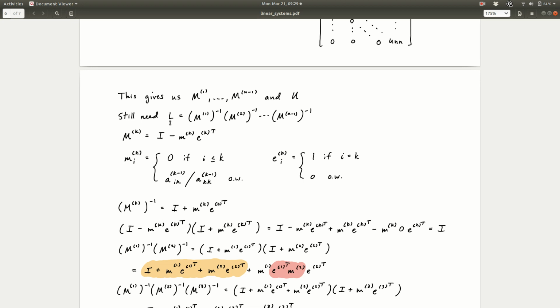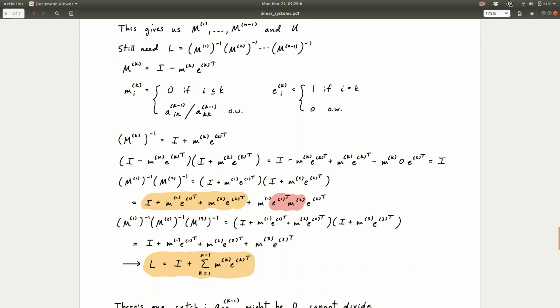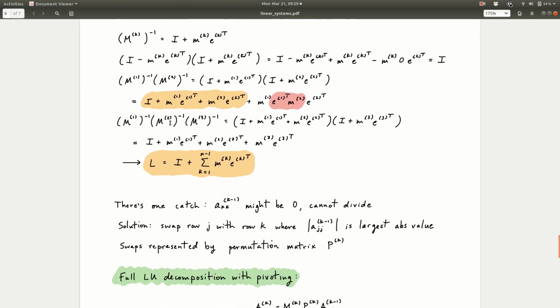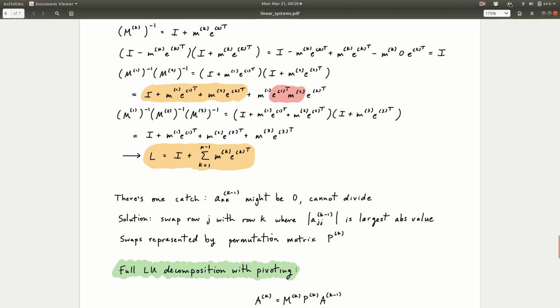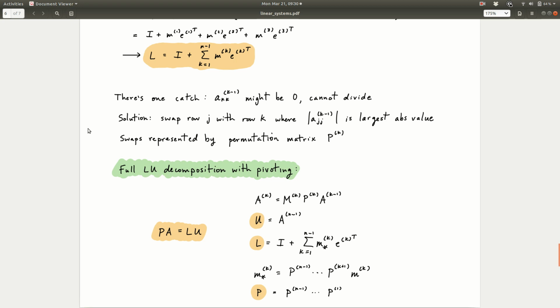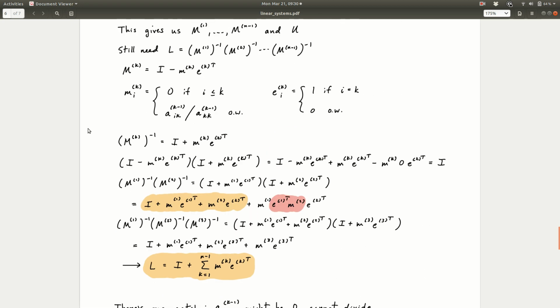Okay, you may have peeked down below, and you'll notice that there is a catch. Let me tell you what the catch is. This A_KK superscript K minus 1 could turn out to be 0. In the book, there's actually a very simple example where it does turn out to be 0. If that happens, you run into a problem.